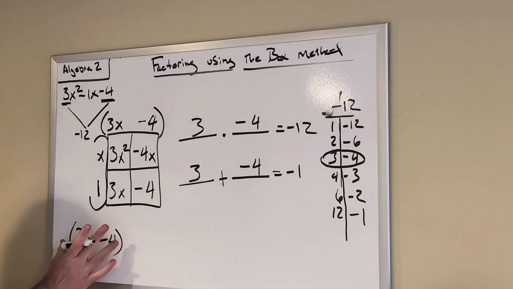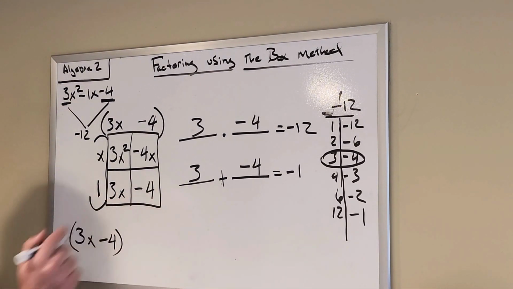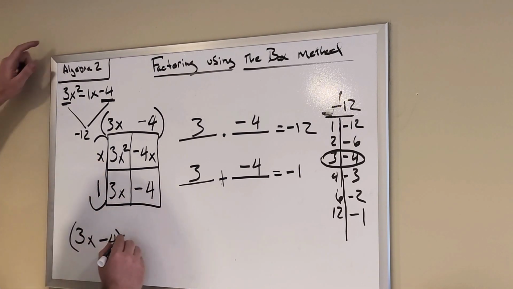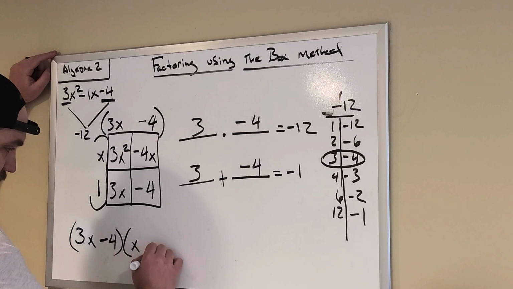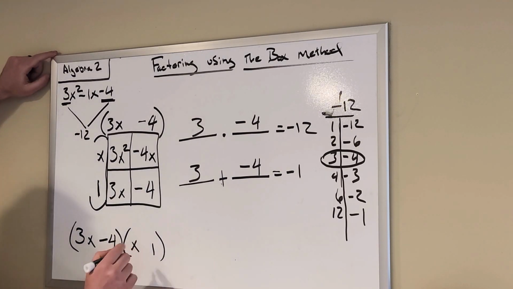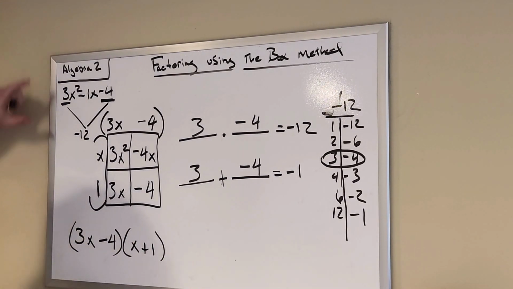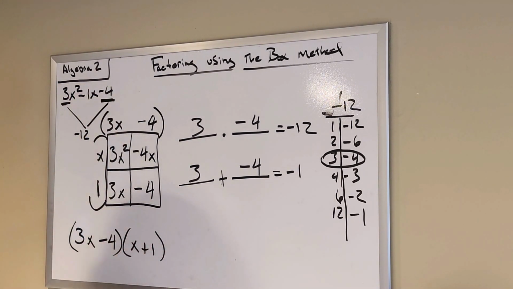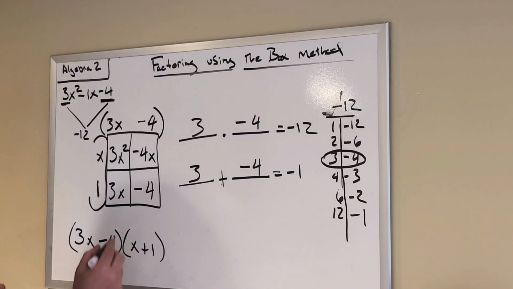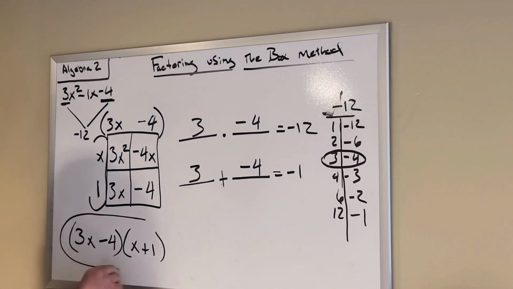So we have 3x minus 4 in one set of parentheses. And then in the other set of parentheses, we have the x and a 1. And because this is positive, I'm just going to put a plus here. X plus 1. And that's my factored. That's this up here factored out. 3x minus 4 times x plus 1. All right, and that would be my answer.